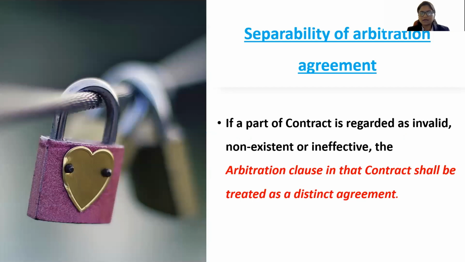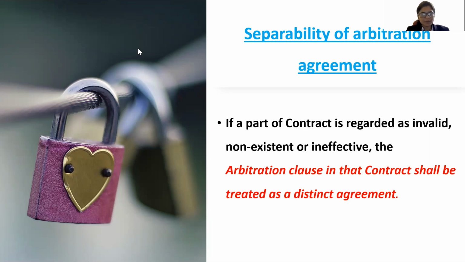Next is separability of arbitration agreement. Consider that you have executed a contract, and because of some terms, the contract has become invalid. And of course, if the contract becomes invalid and void, all of the terms will become void.